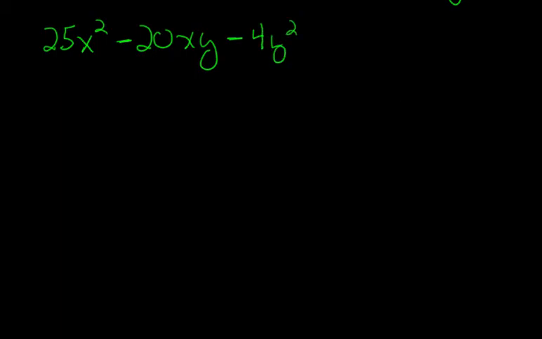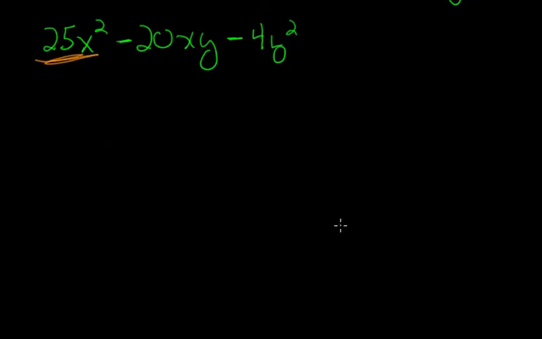So let's look at another perfect square here. We'll look at 28. So 28 is 25x squared minus 20xy minus 4y squared. So I want to do this test. I'm going to try not to write it all out in equations. I'm just going to look at my ends.